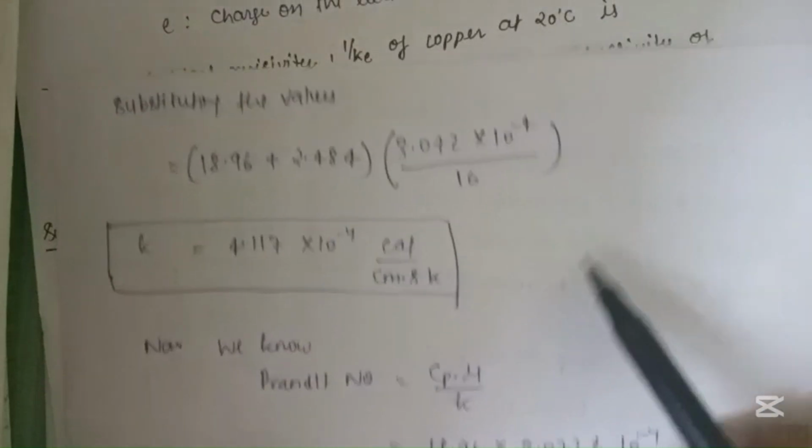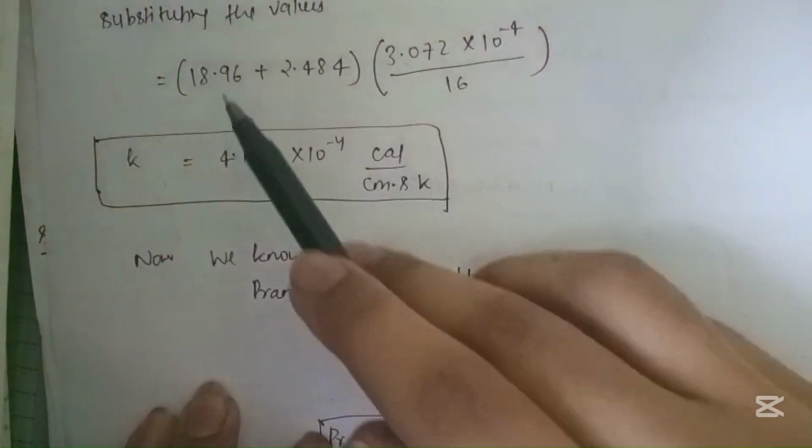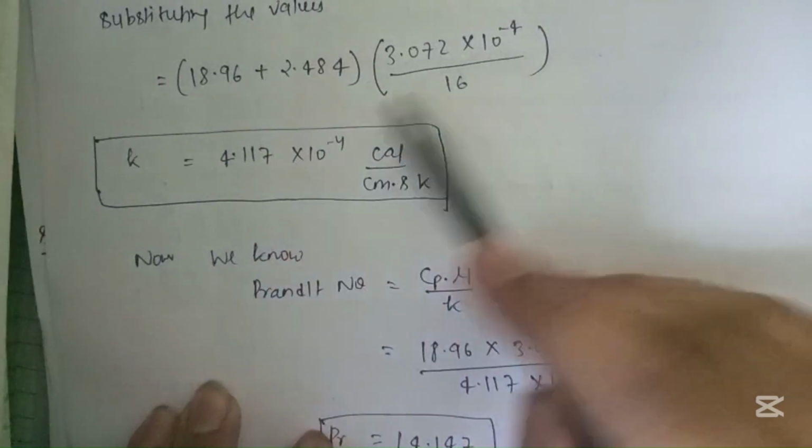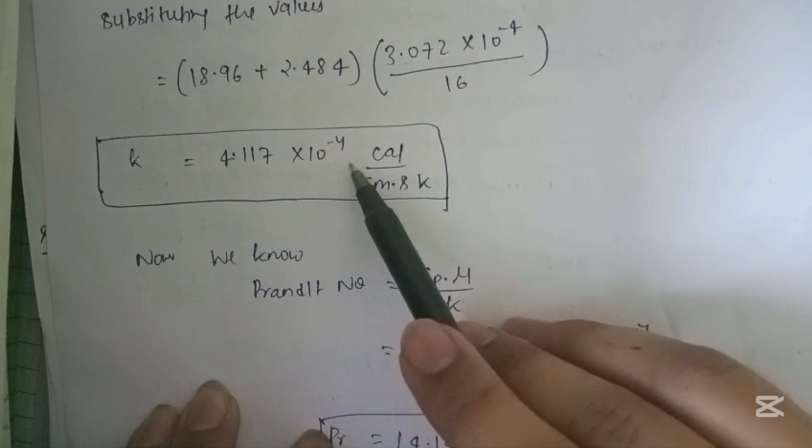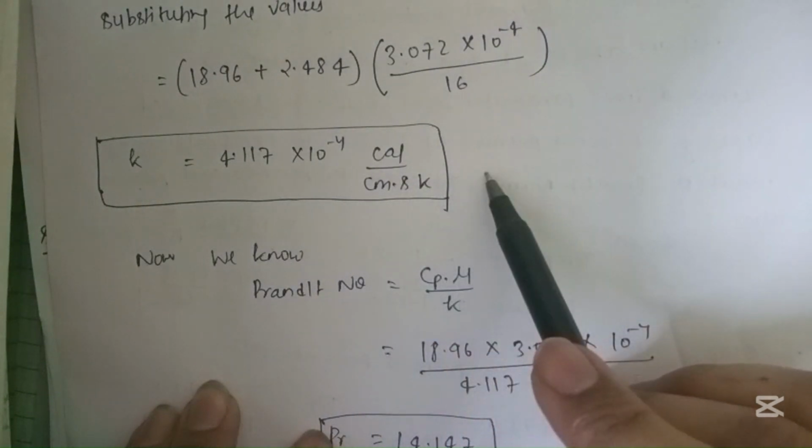Now substituting the values in the formula, we get the thermal conductivity as 4.117 times 10 to the minus 4 calorie per centimeter second Kelvin.